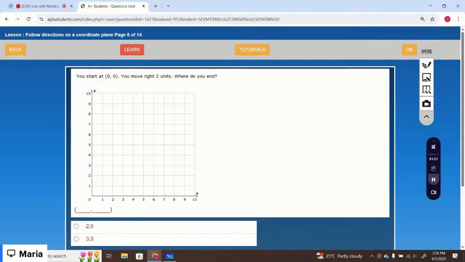You start at 0, 0, you move right 2 units. Where do you end? You move right 2 units and we end up at 2, 0.